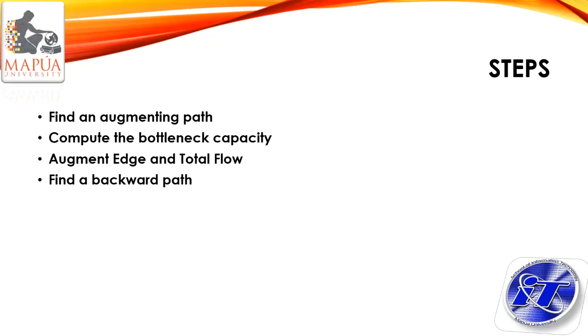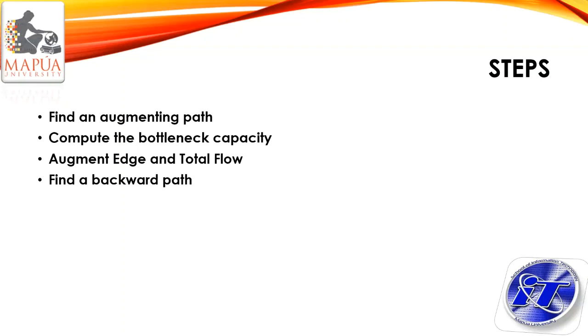Then second, compute the bottleneck capacity, or determine the minimum edge that will have an effect on the flow of our data, our water, or our vehicles. Why minimum? Because this will be the location of the bottleneck. Then third, augment edge and total flow.